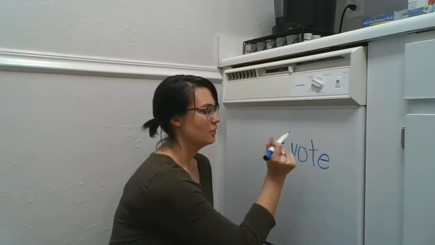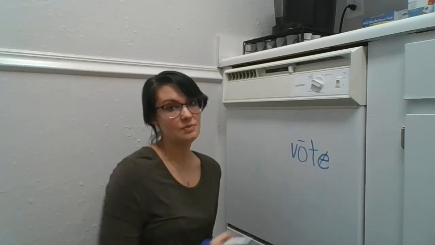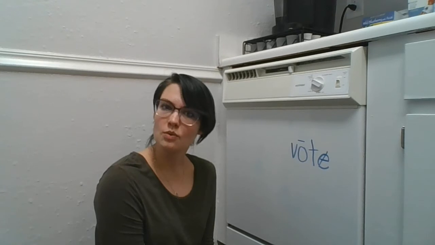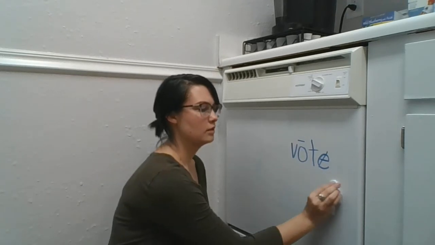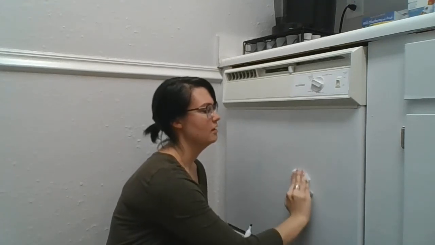Ready? V, o, t, vote. So the O is making its long sound, and the E isn't making any sound at all. That was so cool. So when you're reading, sometimes if you don't know a word, you can look for a nonsense word within the bigger word to see if it can help you figure it out. Okay, let's do 2 more.